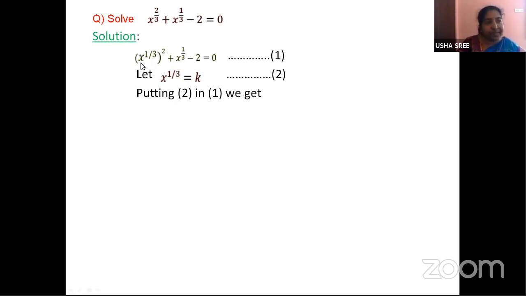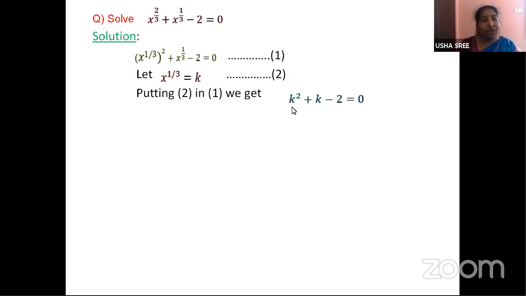When you do that, just observe, x power 1 by 3 is nothing but k, so k whole square plus k minus 2 is equal to 0. Now look at this, k square plus k minus 2 is equal to 0. This is somewhat looking like your quadratic equation. Are you able to compare? This is some ax square plus bx plus c equal to 0 form.